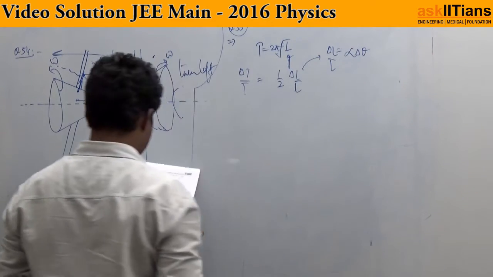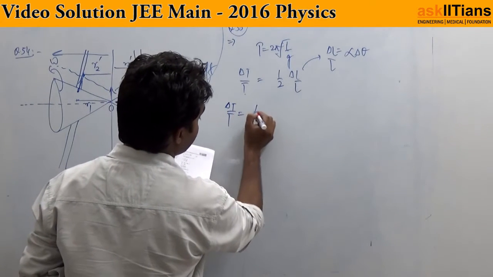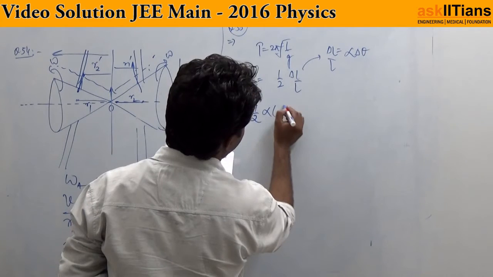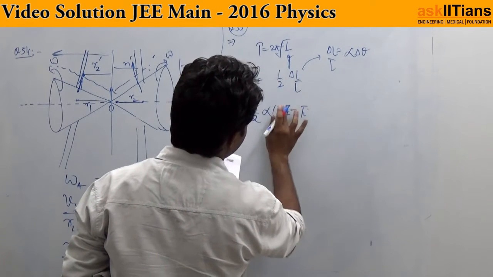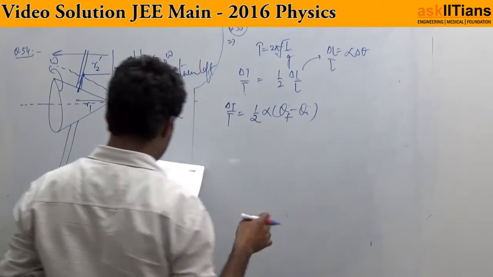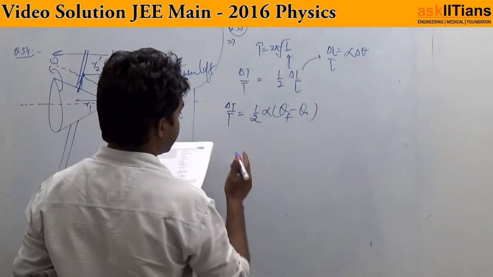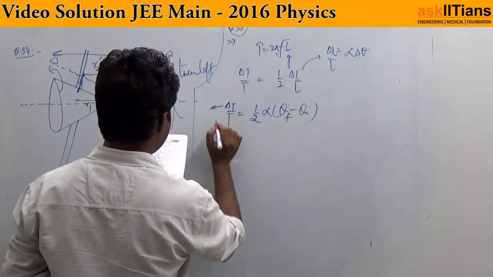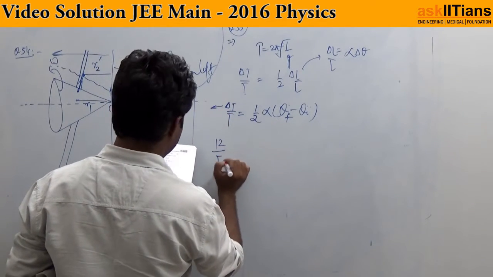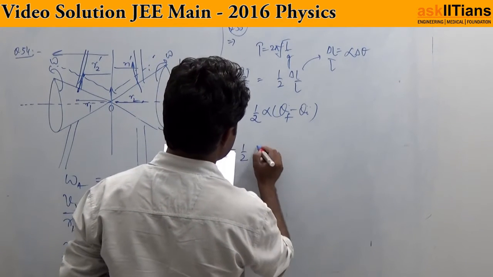So delta T by T is equal to 1 by 2 alpha into T final minus T initial. Two conditions are given. So delta T is 12 seconds upon T, that is 1 by 2 alpha, the coefficient of expansion.